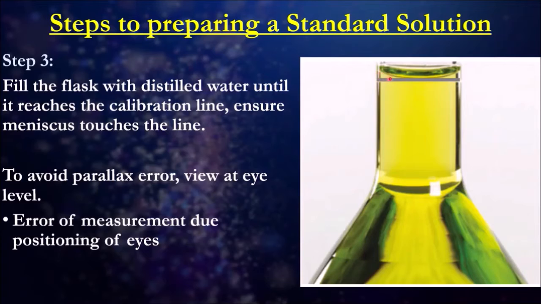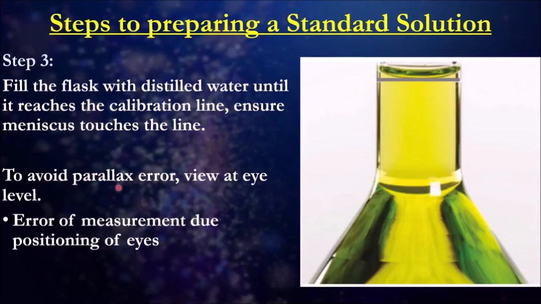Notice, as you can see, some of the liquid has gone over the line, but we determined that to have an accurate measurement of volume, the meniscus at this line here is just touching, and that's when we know we have an accurate measurement of volume.